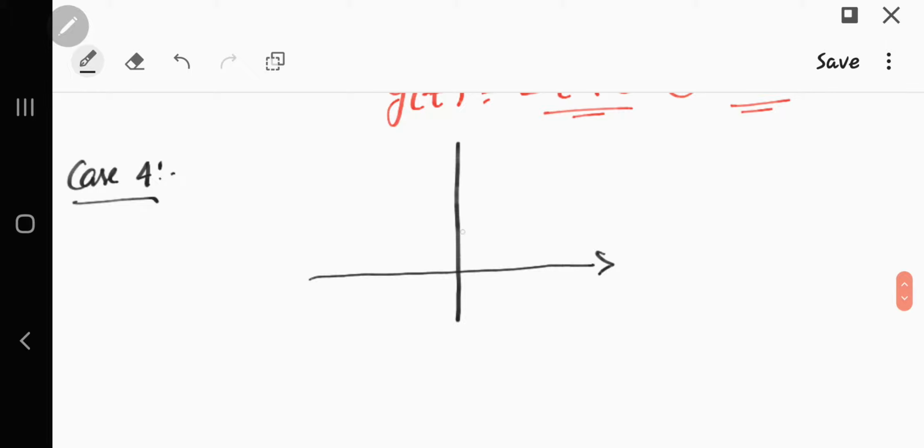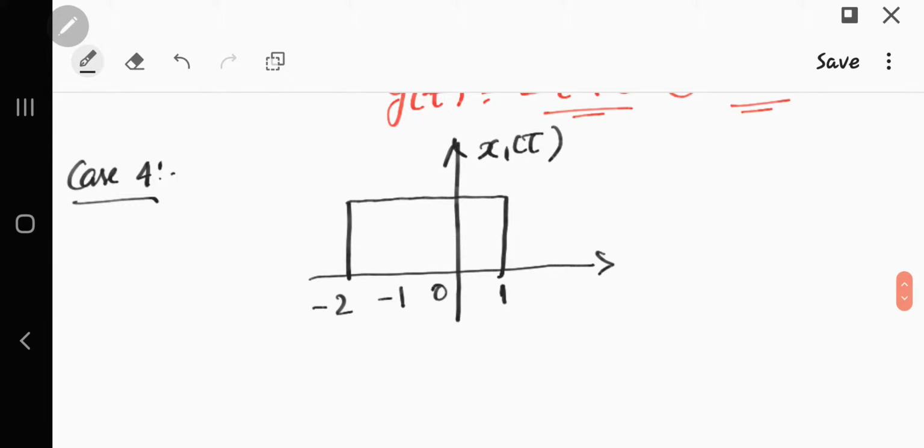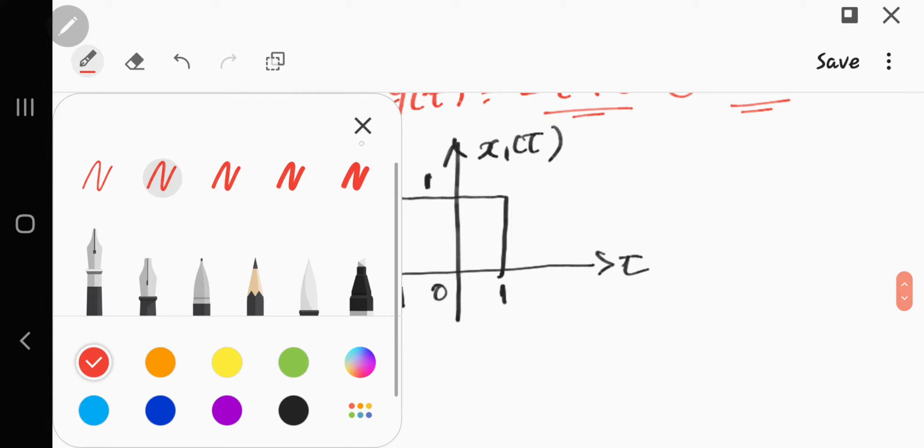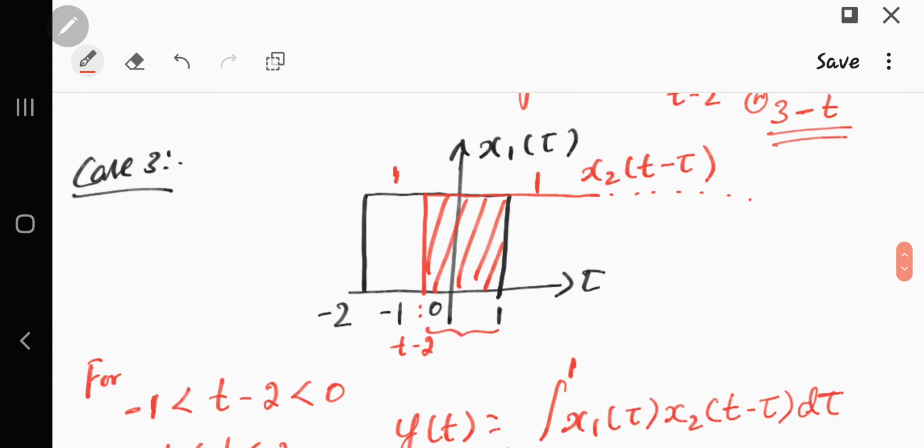Case 4. So x1 of tau, minus 2, minus 1, 0 and 1 here. In this case, I will move x2 of t minus tau further.